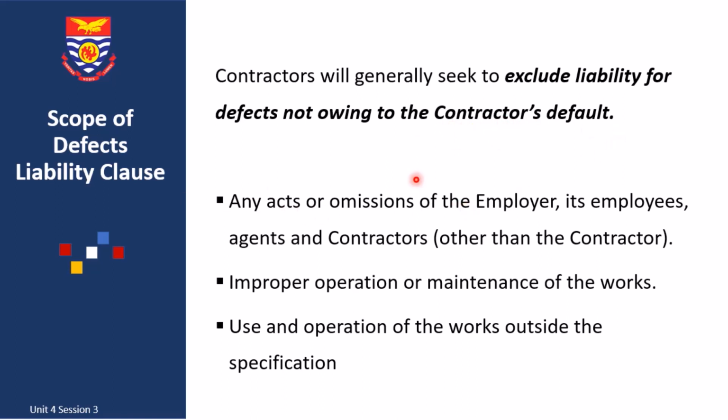It is not the contractor's default for improper operation or maintenance of the works. If you fail to maintain the works that have been completed by the contractor, you cannot retain their defect liability guarantee, because in the end you, as the buyer, failed to exercise due diligence. And then the last one, use and operation of the works outside the specification.